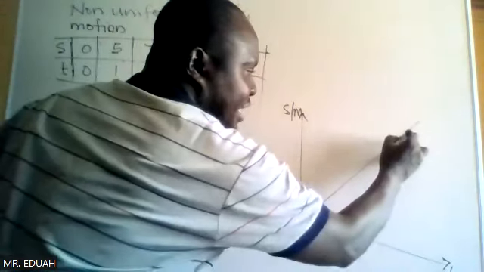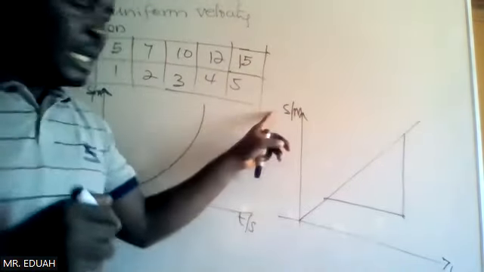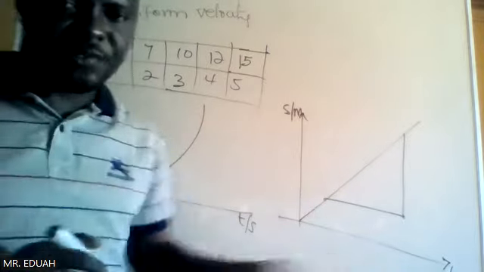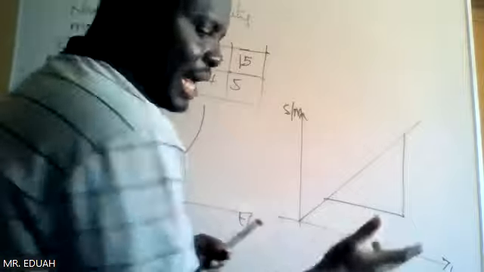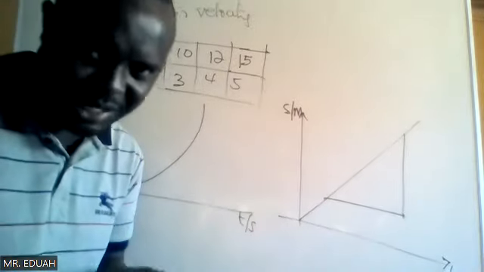Here, when you find the slope of a displacement time graph or distance time graph, it is equal to either the speed or the velocity.